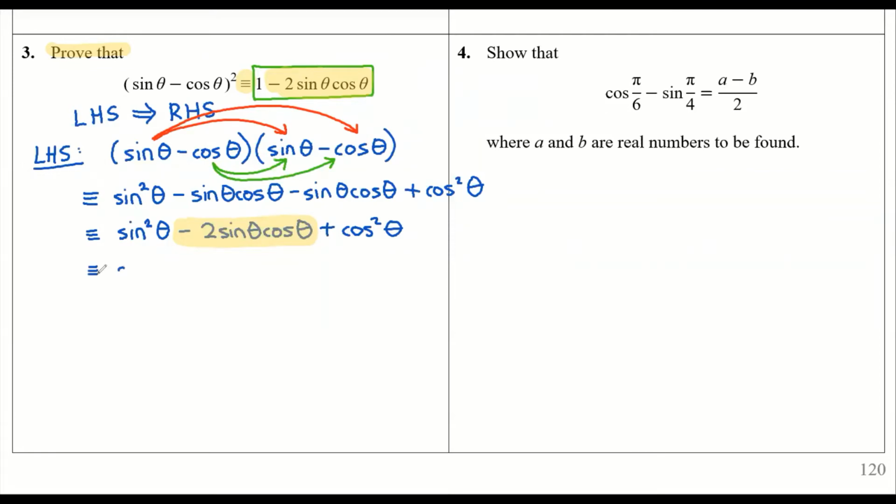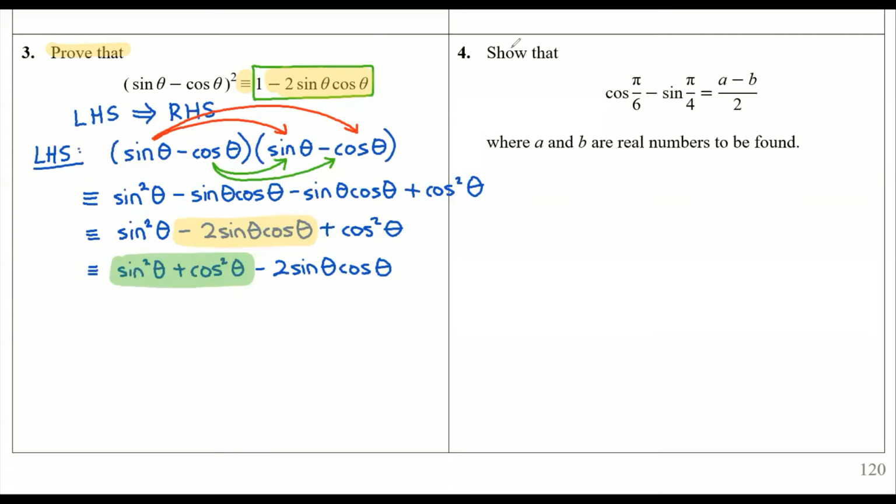We're going to get sine squared theta added to cos squared theta, subtract the 2 sine theta cos theta, like so. Now, if you know your identities really well, you should recognize this. Okay, so that is just identical to 1.